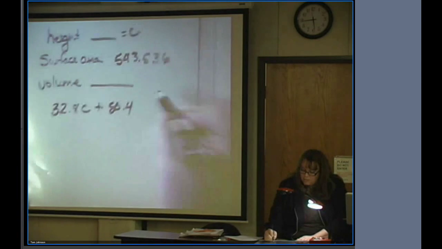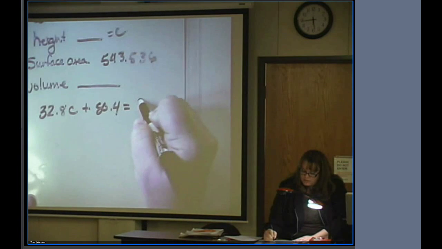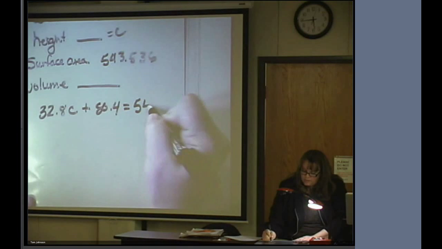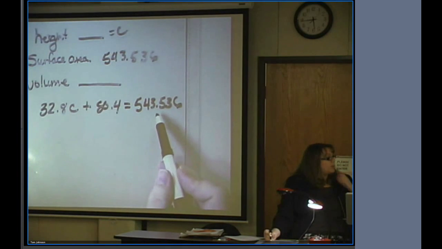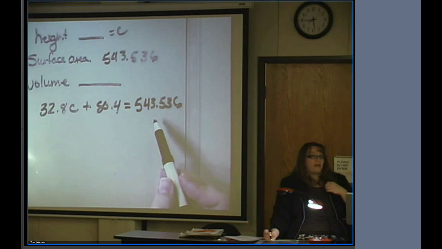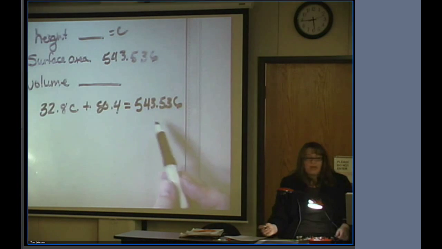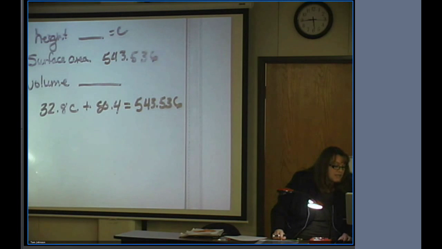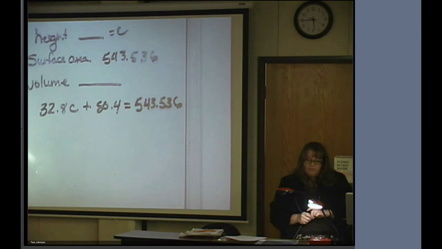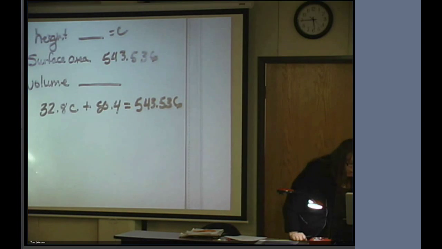Now that's going to equal my surface area, which is 543.536. Now I got that from my original problem because it said surface area equal. And now I have an equation I can solve for. So go ahead and take a minute, if you will, to solve that for C. And then we'll double check our work.